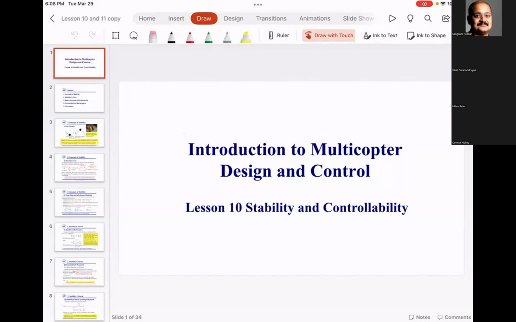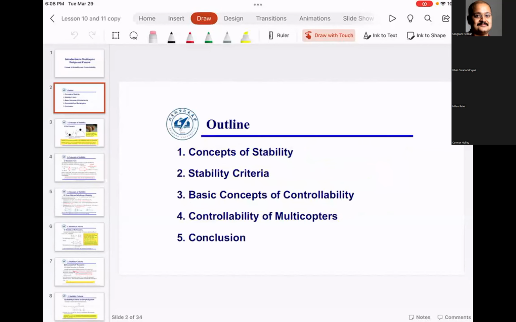Okay, so in today's class, we will continue our discussion from last lesson where we talked about the concepts of stability. We looked at the stability criteria. We looked at the basic concepts of controllability.